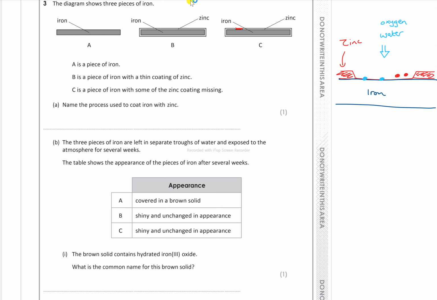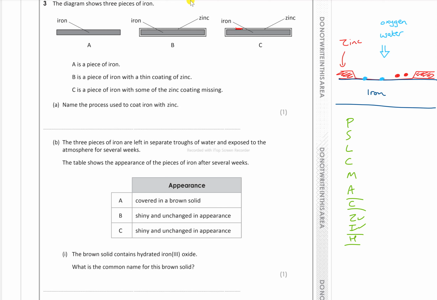No, zinc is more reactive. Sorry, zinc is more reactive. I'm just trying to think of that. Please stop losing careless marks always. Chicken, CH, and then ZI. So yes, zinc is more reactive than iron.